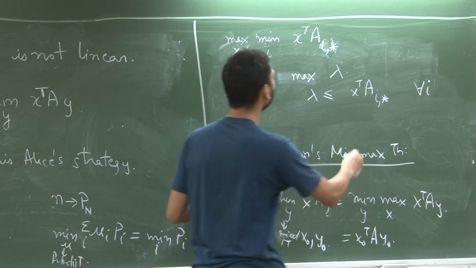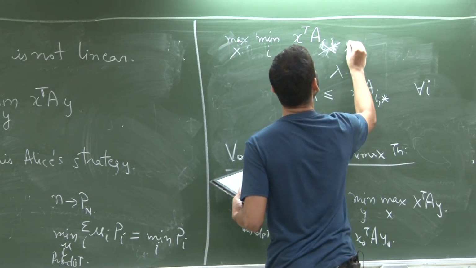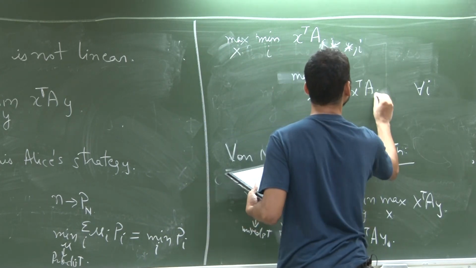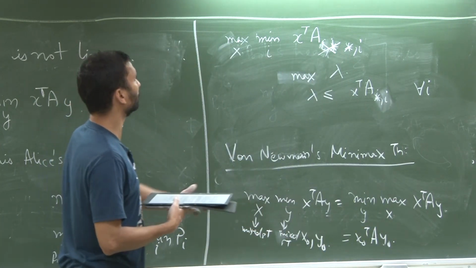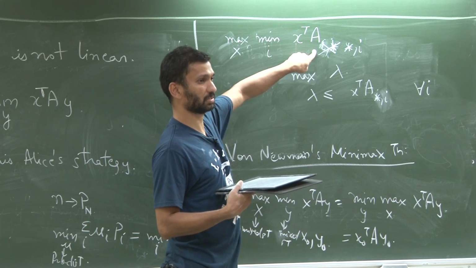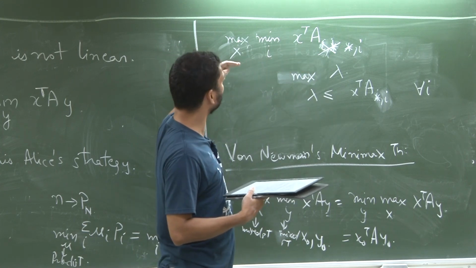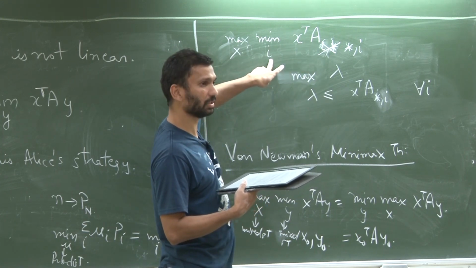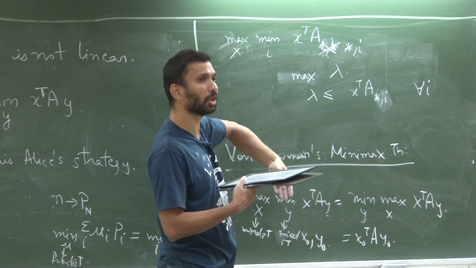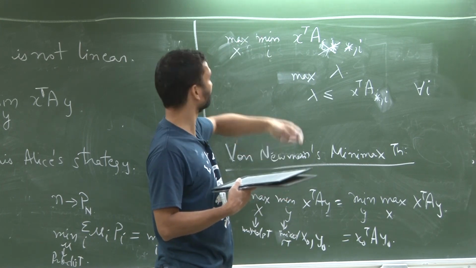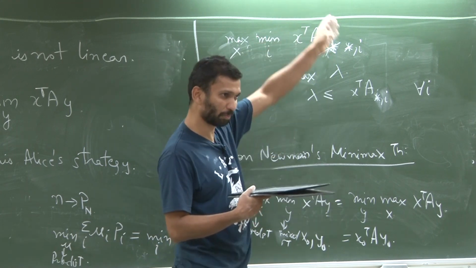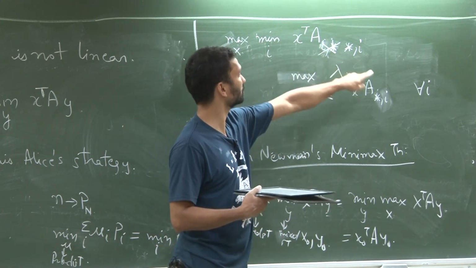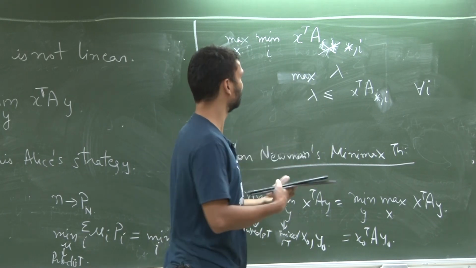Okay, I think this has to be A star i. In this case, Bob's strategy is fixed. Sorry, Alice has a Bob. Yeah, Bob's strategy is fixed, right? And that payoff is given by a column. i is Bob's strategy, right? And second place, that means the payoffs are given in the column. It's A star i, right?